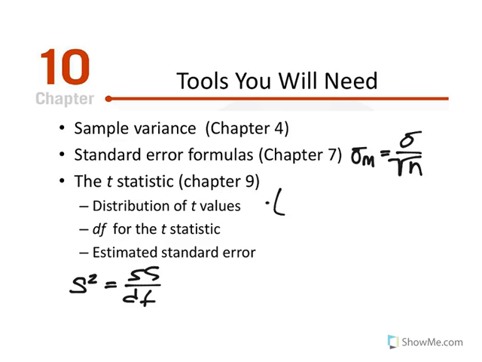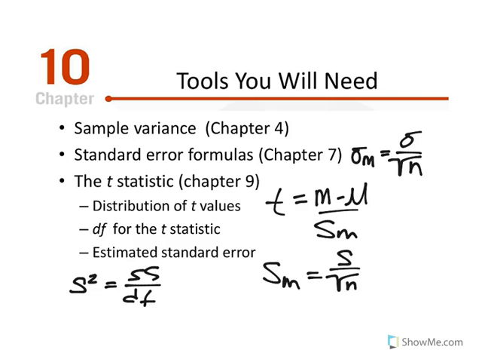So to begin, we learned that the single sample t-test meant that we take the mean difference and then divide by the estimated standard error of the mean, and the estimated standard error of the mean was equal to our standard deviation over the square root of n, or variance over n, and we take the square root. So all of these things need to be reviewed so that we can build on that information and learn the new technique of testing two independent samples.